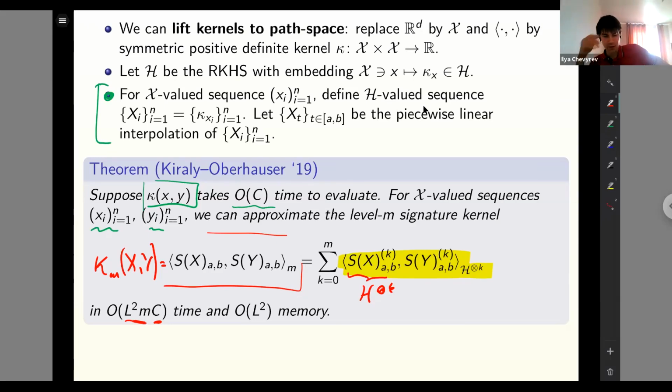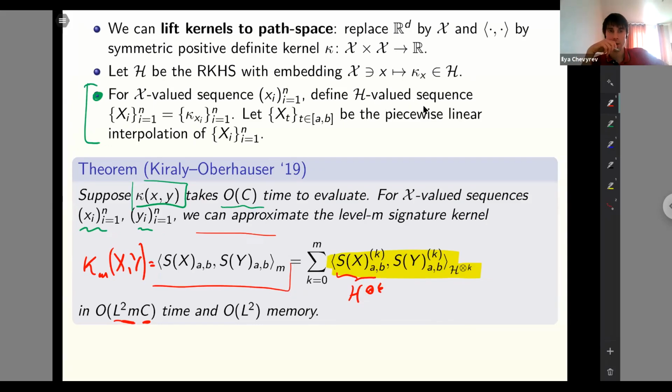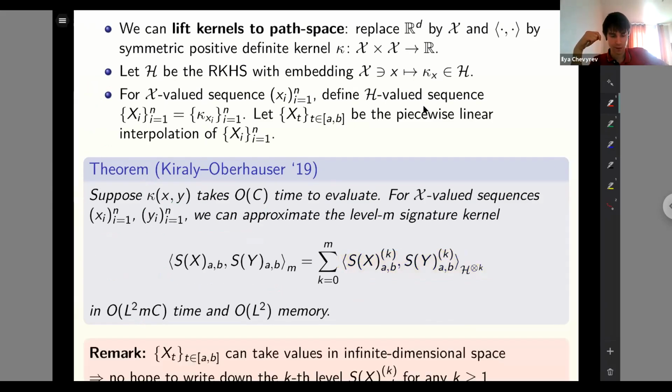What I wanted to emphasize here is that these paths, capital X, capital Y, can take values in genuinely infinite dimensional spaces. So it makes perfect sense to do this procedure for, say, the Laplace kernel on RD. If you have a path in RD, what you're doing is lifting it to the reproducing kernel Hilbert space by embedding it through this kernel feature map.